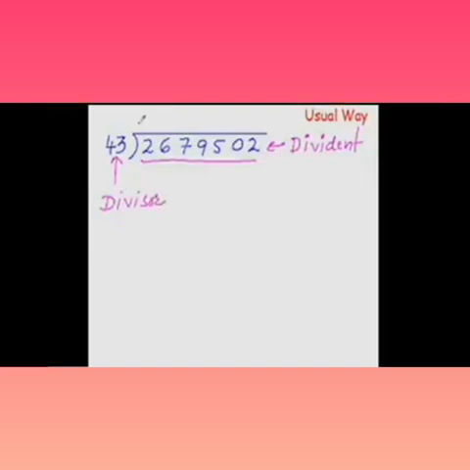We are going to write our answer here in this space, and that answer is known, in technical terms, as the quotient. And if there is any digit left in the end, that would be the remainder. So now let's start dividing these numbers.